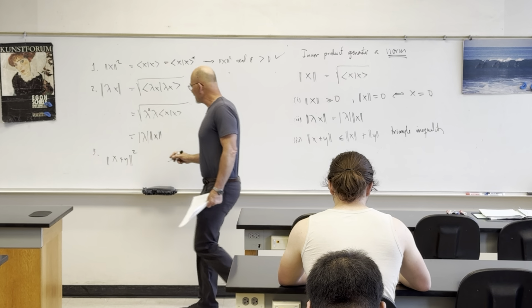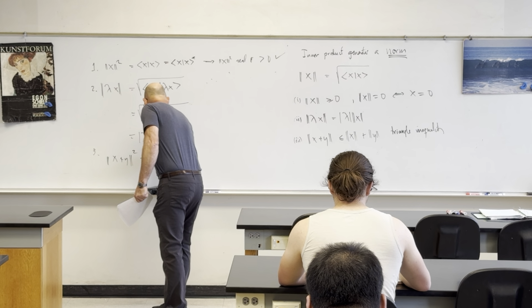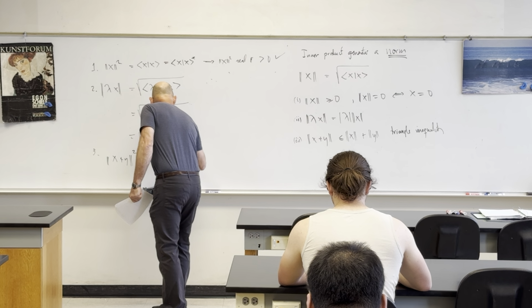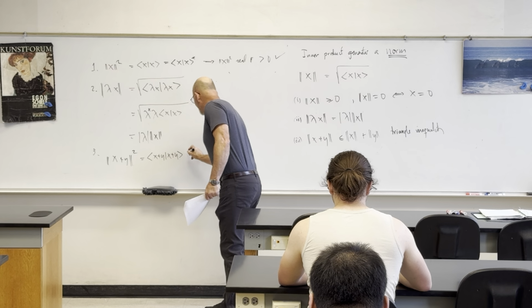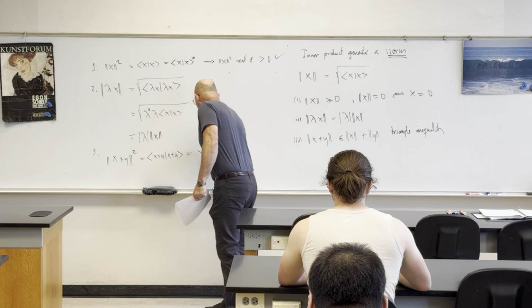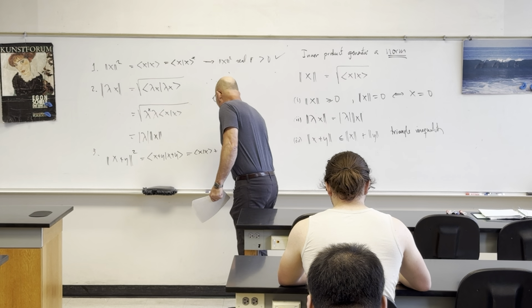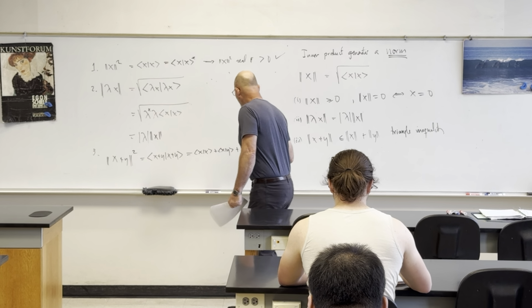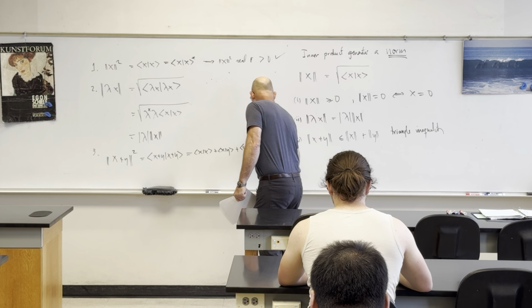So norm x plus y squared is the scalar product of x plus y with x plus y, and we can just expand these out. So we've got x with x plus y, we have to maintain the order though, plus y with x plus y.